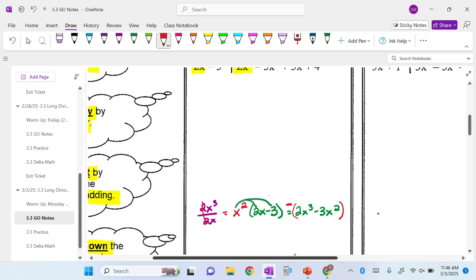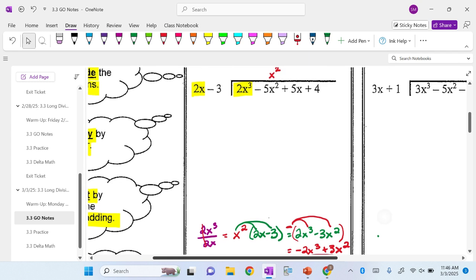If I subtract this entire polynomial, that means I have to distribute that negative. Or in other words, if I just distribute a negative 1, I'm essentially just flipping the signs. So this would actually be negative 2x cubed plus 3x squared. And this is what I'm going to write up top.